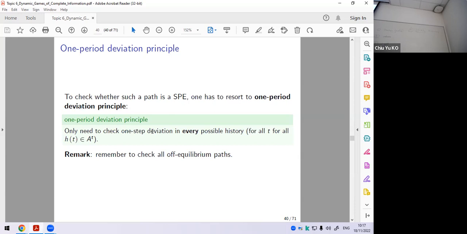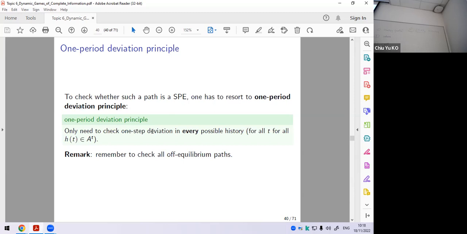You don't need to think about a complex deviation plan. What do I mean by that? Your strategy is a multi-period, actually infinite-period action plan, right? You don't need to check a sequence of deviations, but only whether in this period you want to deviate. Change from that, and that's it.